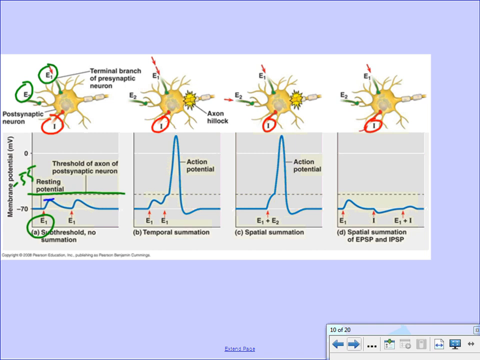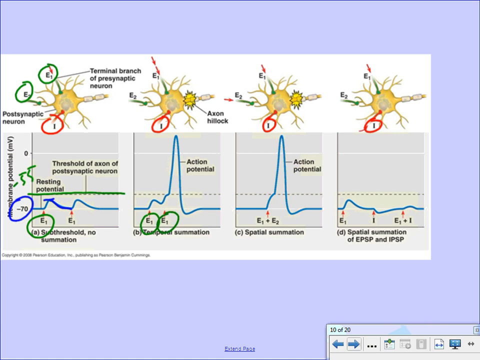So if there's not enough of a stimulation, not enough depolarization to reach the threshold, what we can see is that the neuron just goes back down to the resting state of about minus 70 millivolts. If we take a look at the next picture, though, we can see now we don't just have one excitatory stimuli, but we have another one immediately after it.